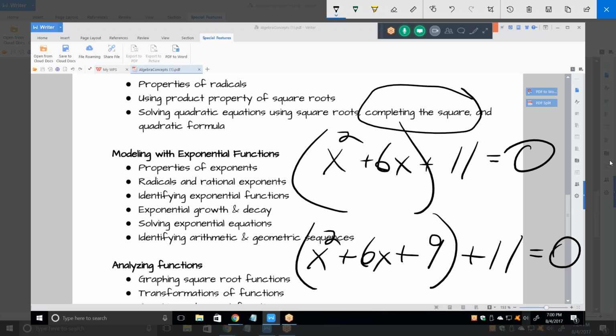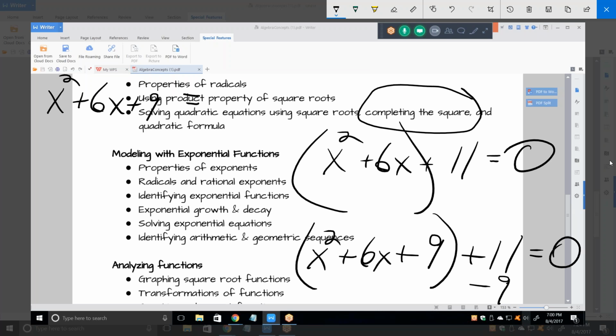Now, the fact is I just added 9 to the equation. You can't do that unless I subtract 9 at the same time. Then I can do it. In other words, if I say this, well, hold on.